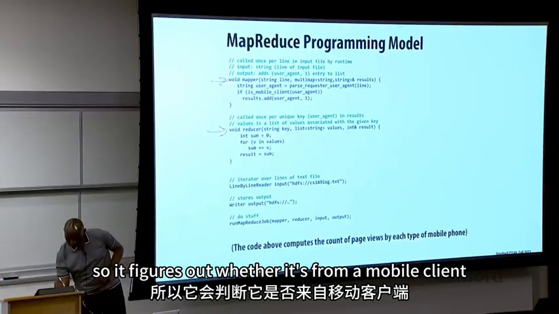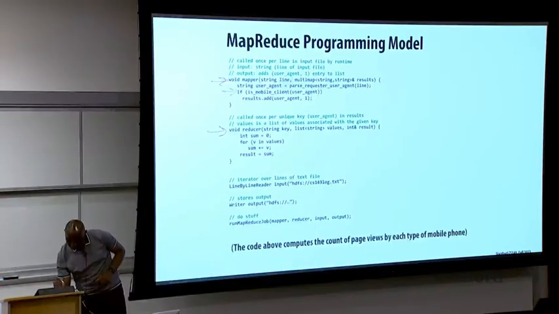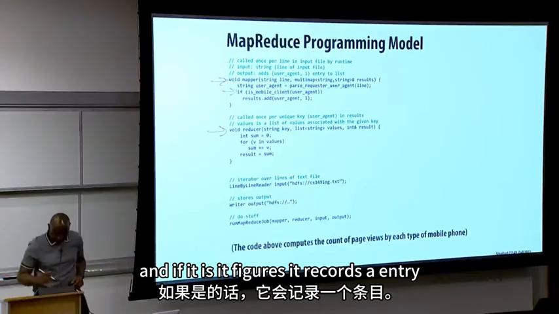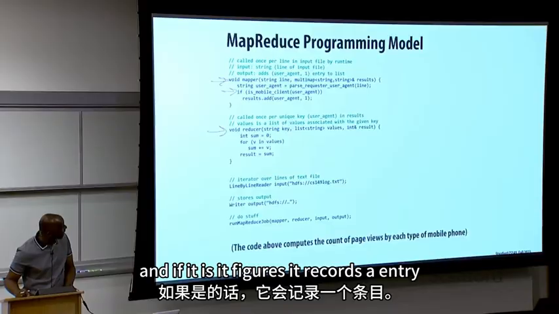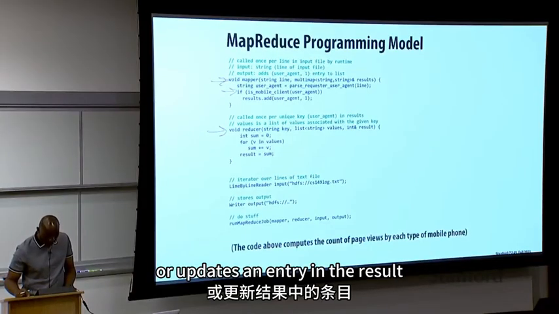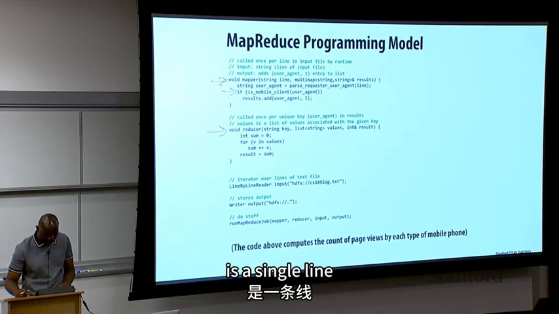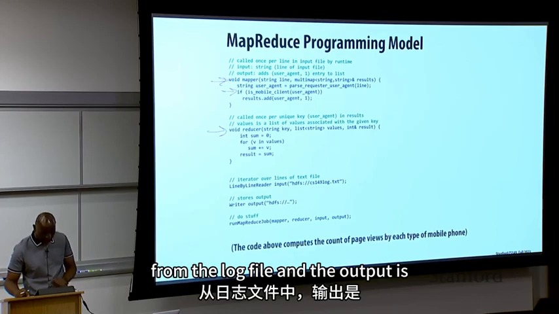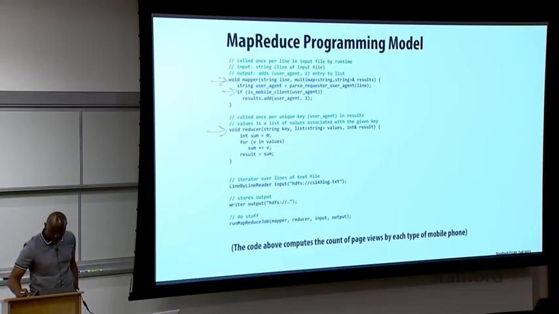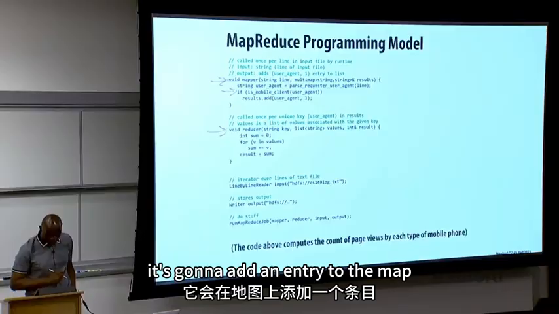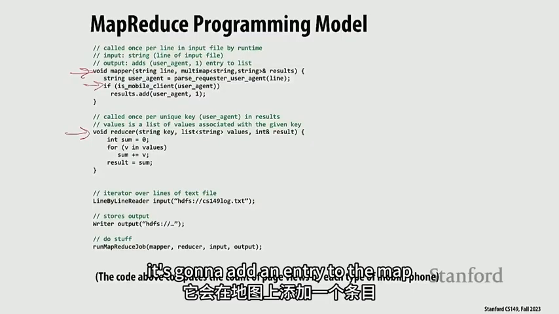If it is, it records an entry or updates an entry in the result map. So the input to mapper is a single line from the log file, and the output is a map of results.